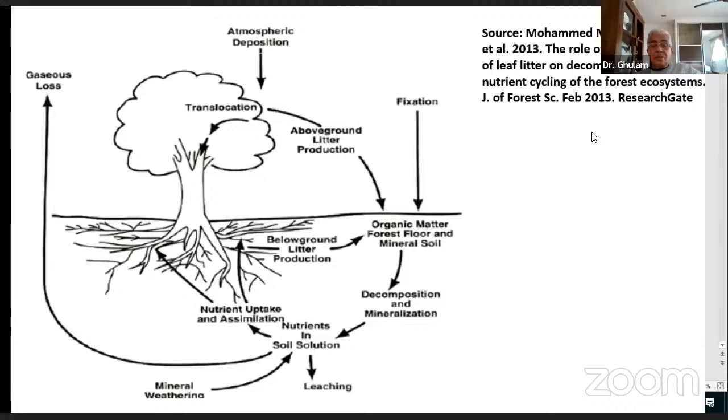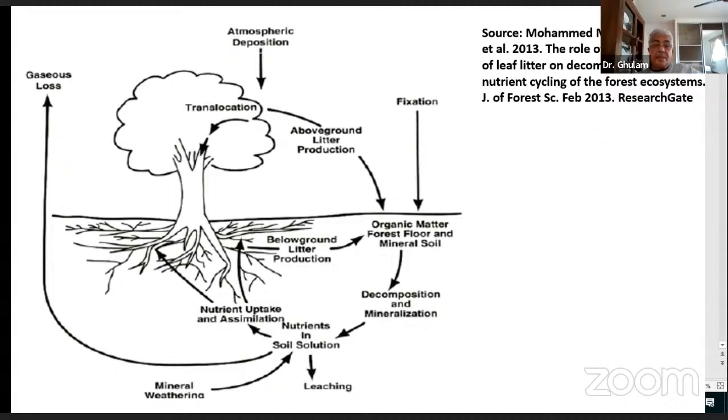But we can also look at nutrients in the form of a cycle, more or less a cycle. I took this diagram from a paper by Muhammad Mahabubur Rahman and his colleagues. They wrote a paper on the role of quantitative traits of leaf litter on decomposition and nutrient cycling.